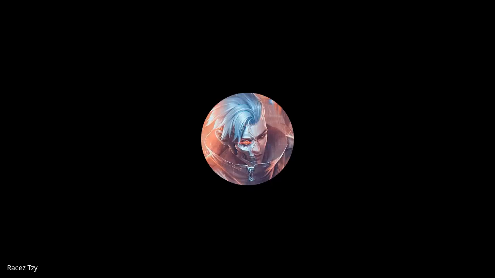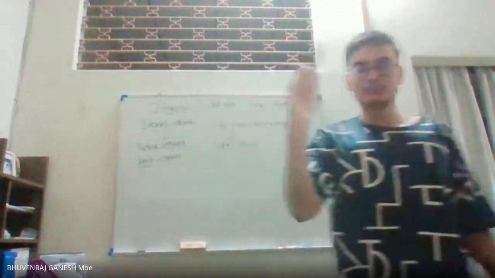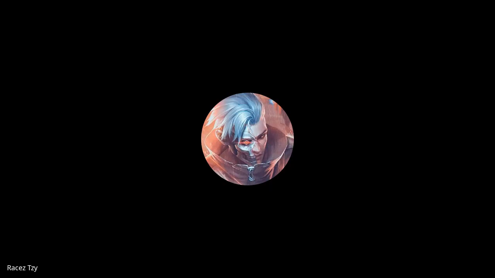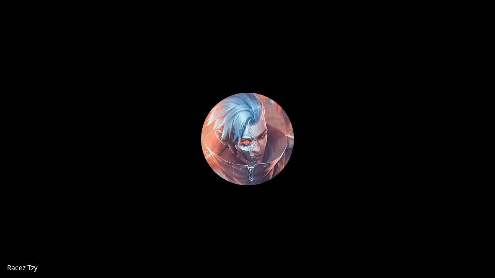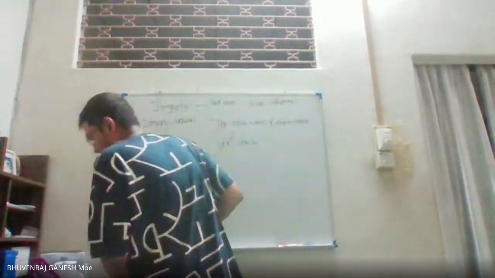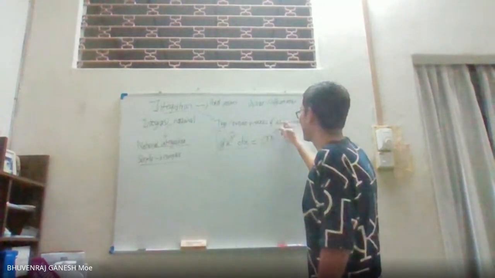So to integrate, we use this S sign. Can you see it on the board? Yes, the big S. This is how you write it in the exam when you want to show integrate. So what you will get is ax power n plus 1.